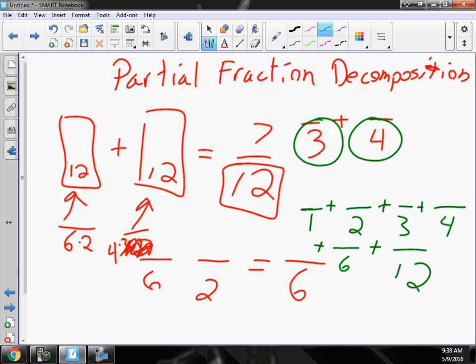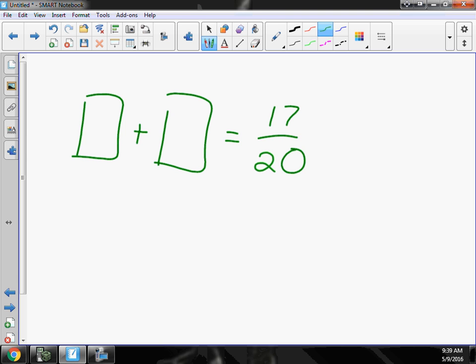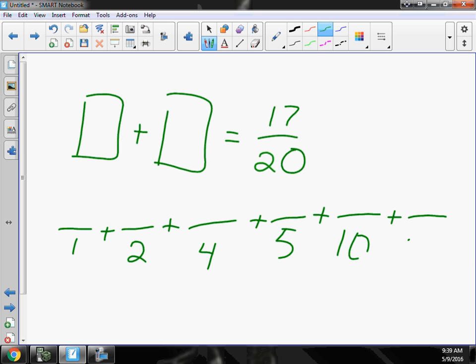So basically, we're going to do this. I said, okay, this fraction plus this fraction equals 17 over 20. Okay? If I know that, what are the possible partial fractions? Well, it could be something over 1, and something over 2, and something over 4, and something over 5, something over 10, and something over 20.